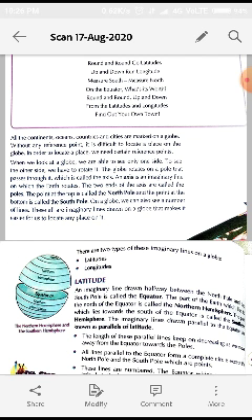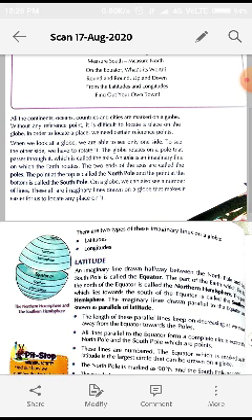An axis is an imaginary line on which the earth rotates. The two ends of the axis are called the poles. The pole at the upper top is called the North Pole and the point at the bottom is called the South Pole.